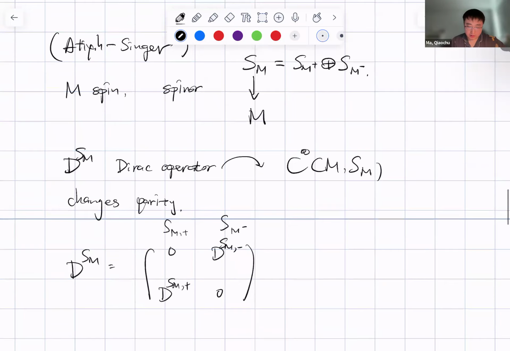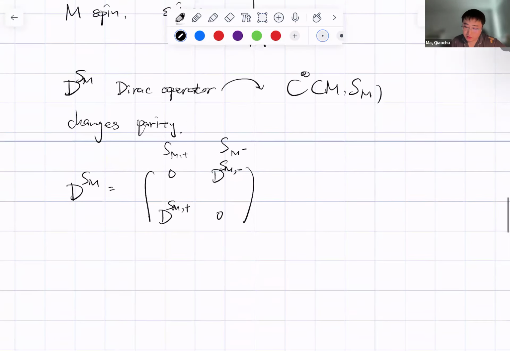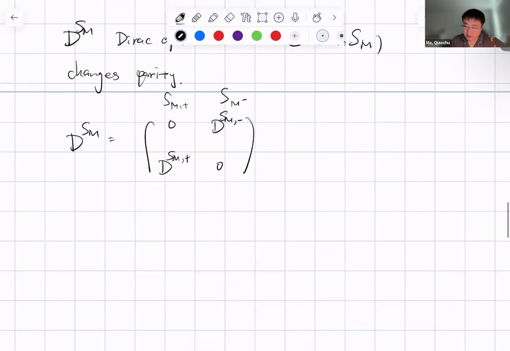The Atiyah-Singer theorem asserts that this A-hat genus, this characteristic number, is given by the difference of the kernels of these two parts.